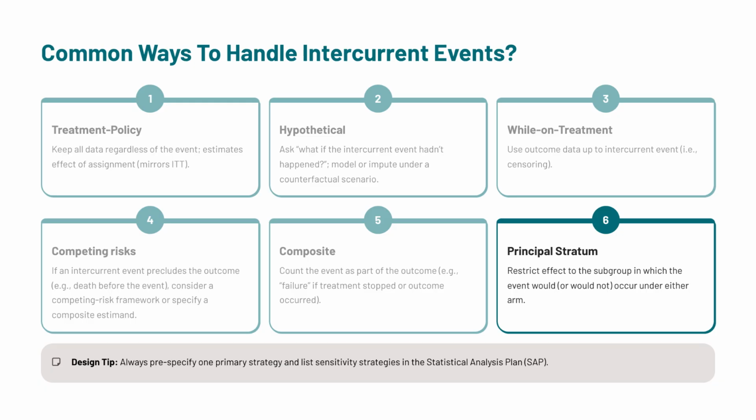That's useful, but it relies on extra assumptions, so we state them up front. Always pre-specify which strategy is primary and list sensitivity analyses in your statistical analysis plan. If you change the strategy after seeing the data, you risk introducing bias. More on sensitivity analyses later.